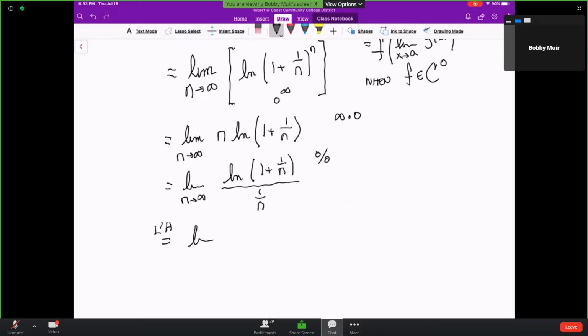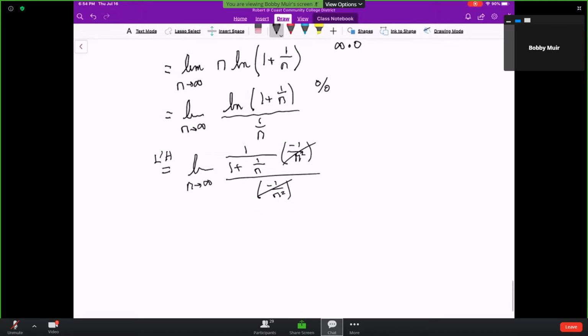It's the limit as n tends to infinity, the top is going to be 1 over 1 plus 1 over n times the derivative of the inside, negative 1 over n squared, divided by negative 1 over n squared. Those two things cancel to give the limit as n tends to infinity of 1 over 1 plus 1 over n.